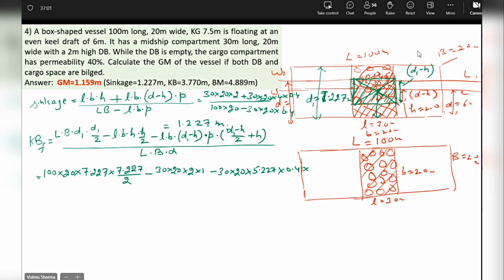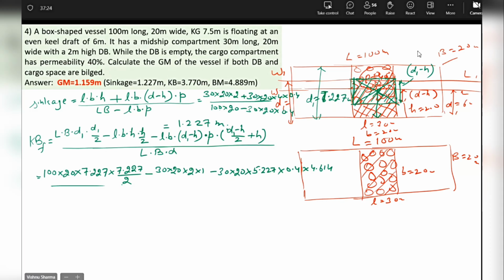Now D1 minus H is 5.227, so you make half of 5.227 and add 2 to it. So that will be 5.227 divided by 2 plus 2, which makes it 4.614. Is this clear now, beta?